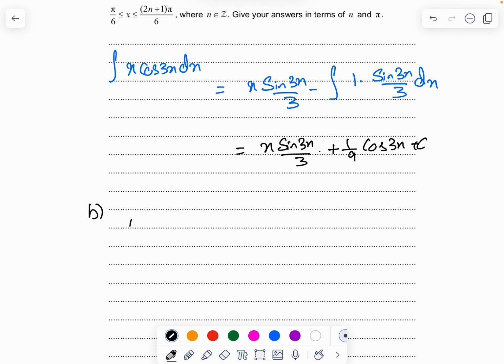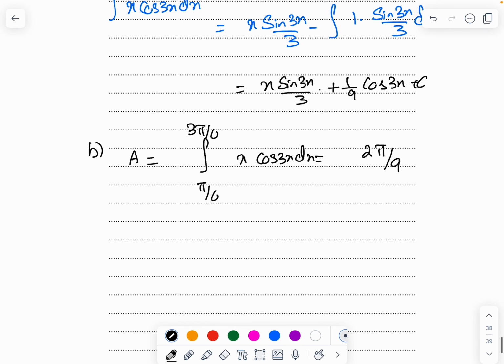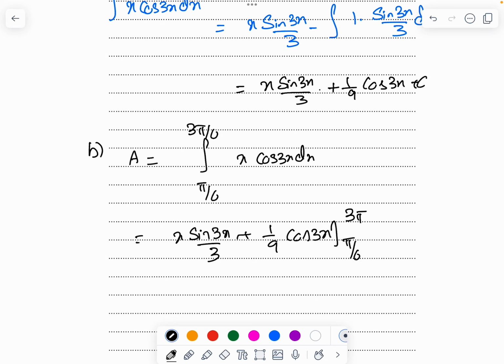Now for part B, he is asking us to find the area between pi by 6 and 3 pi by 6 for x cos 3x. Use the calculator, you should be getting 2 pi by 9. This is without calculator, so what am I going to do? x sine 3x upon 3 plus 1 upon 9 cos 3x from pi by 6 to 3 pi by 6.